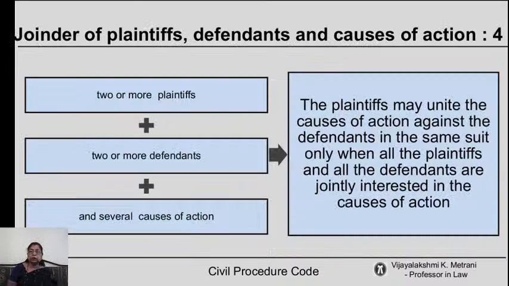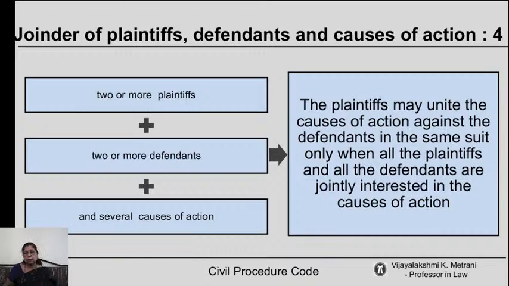Coming to causes of action, that is the next, fourth situation, where there are two or more plaintiffs, two or more defendants, and several causes of action. Plaintiffs are more, defendants are also more, and several causes of action are there.